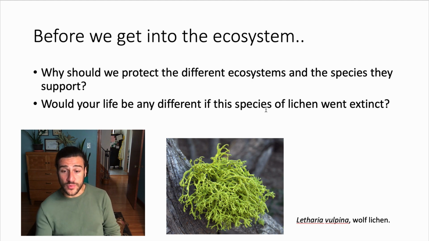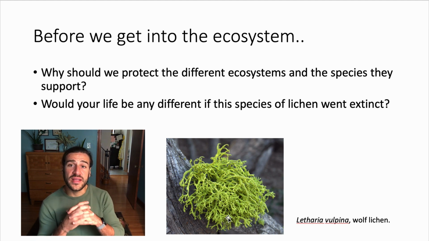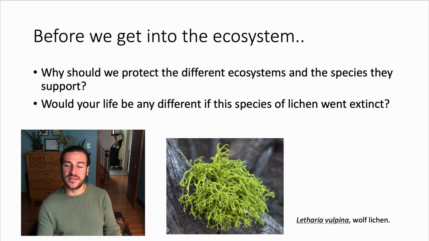Many people don't even know what a lichen is, right? And a lichen is a species complex. So it's not just a plant, it's not just a fungus, it's actually an algal community associated with a fungal community, and they create this structure, and it's this amazing mutualism. So that's what a lichen is.